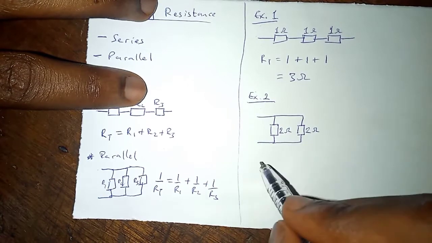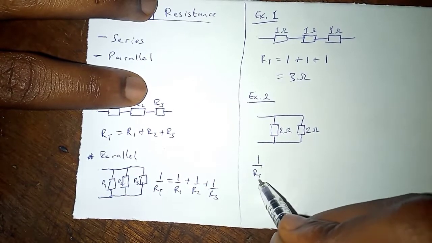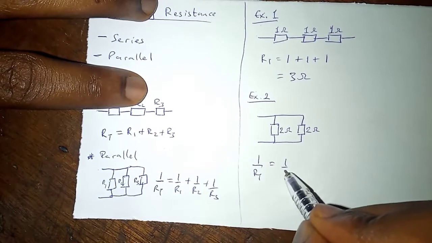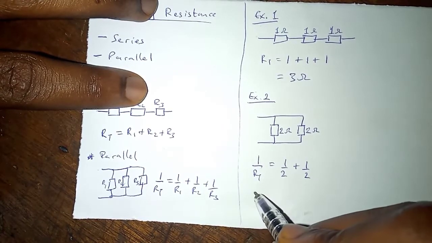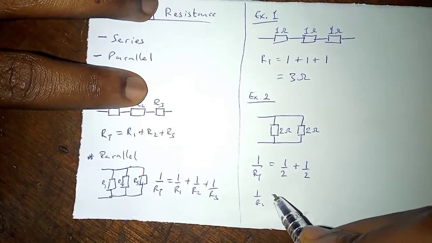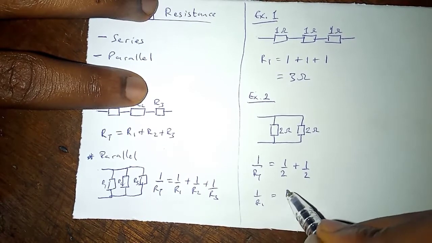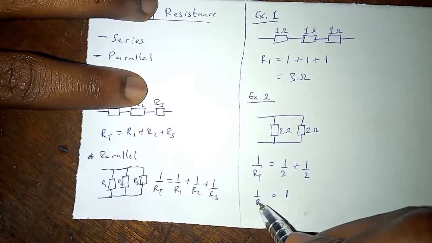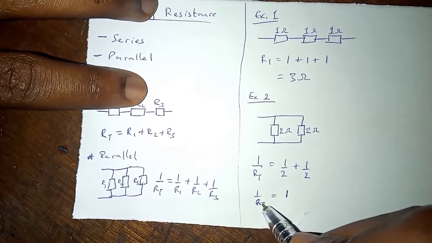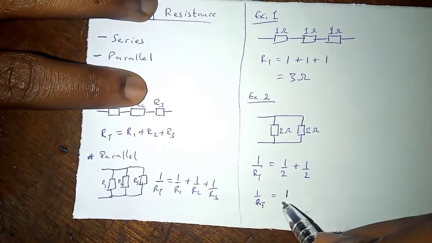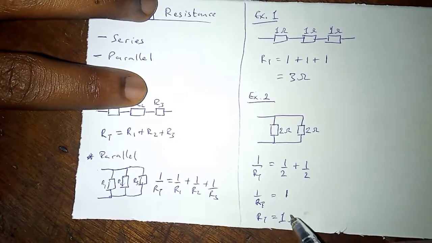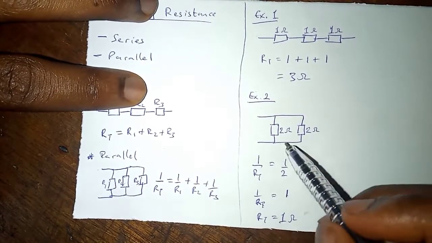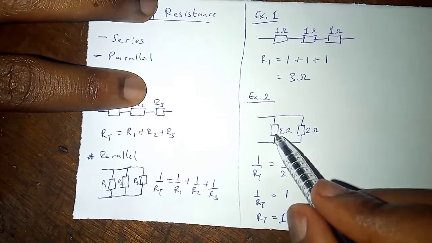Now take a look at this. 1 over total resistance is equal to 1 over 2 ohms plus 1 over 2 ohms. Half plus half is equal to 1. So 1 over RT is equal to 1. If you cross multiply, you find out that RT is equal to 1 ohm. So you can see 1 ohm is not higher than any of this.